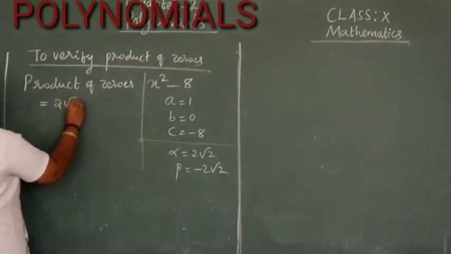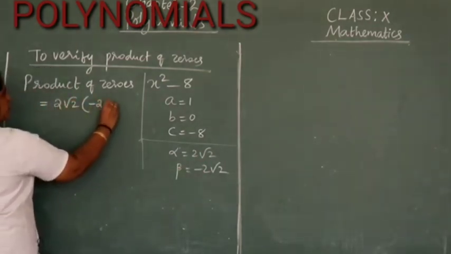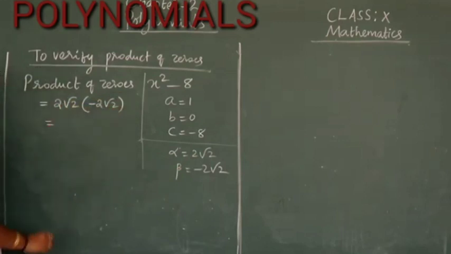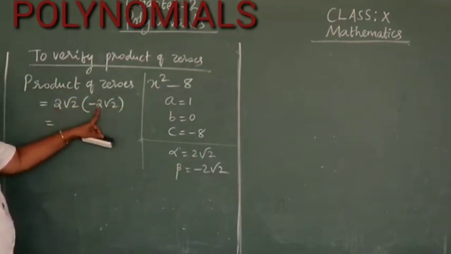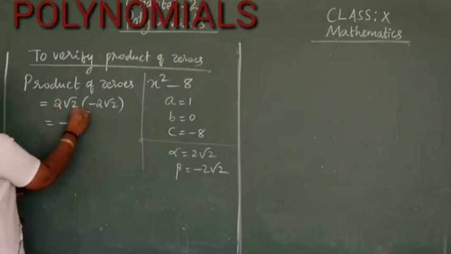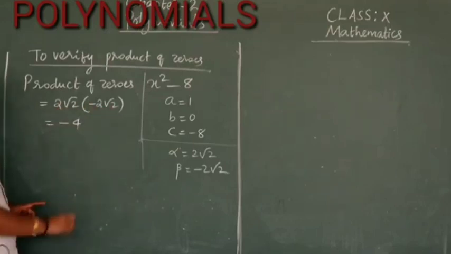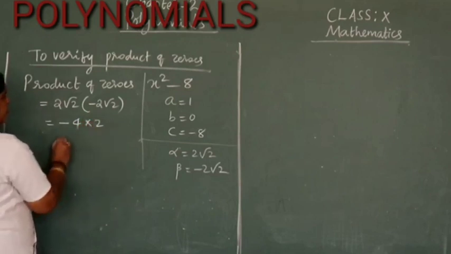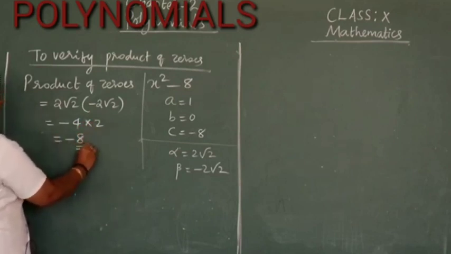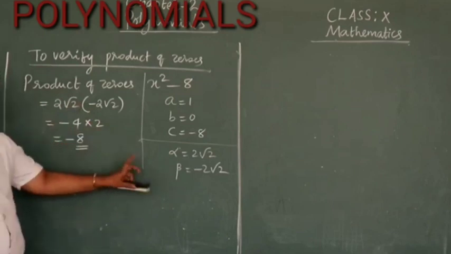So 2 root 2 into minus 2 root 2. So what is the answer? 2 into minus 2, so minus 2 into 2 is 4, and root 2 into root 2 is 2. So minus 4 into 2, that is minus 8 is the product of the two zeros.